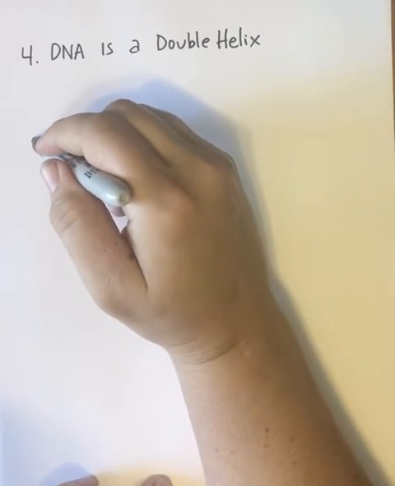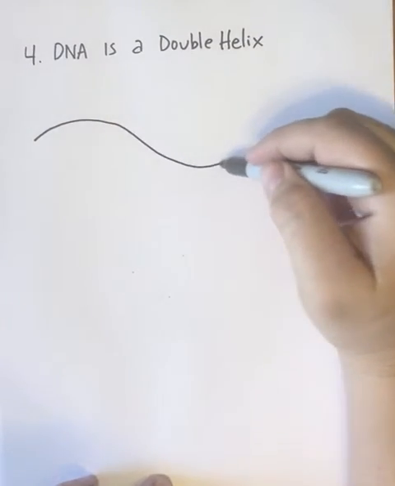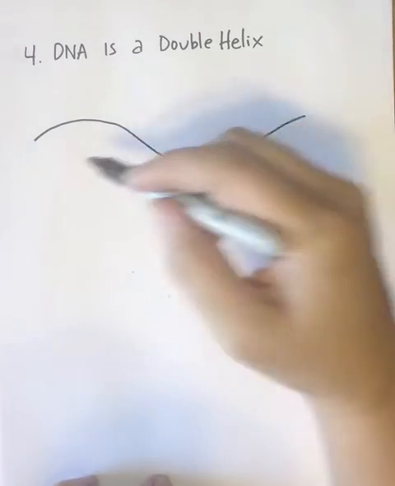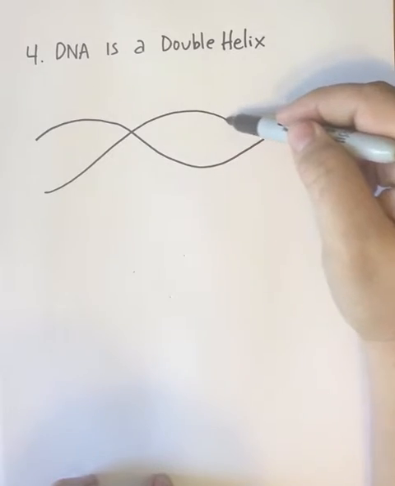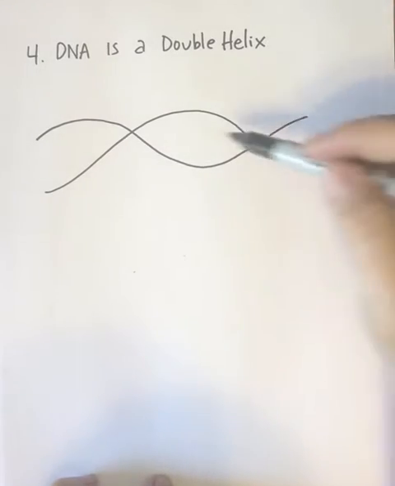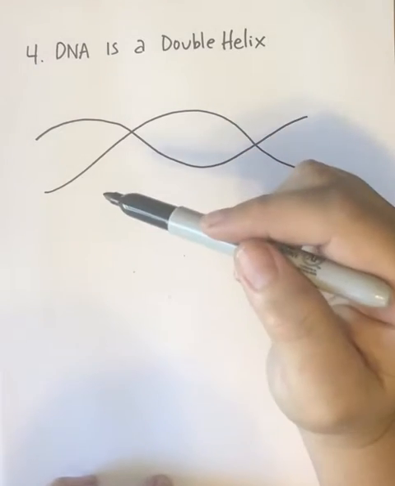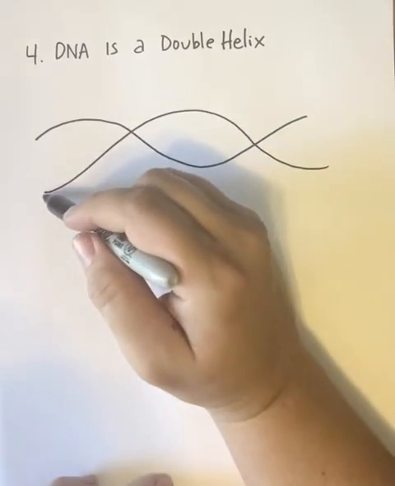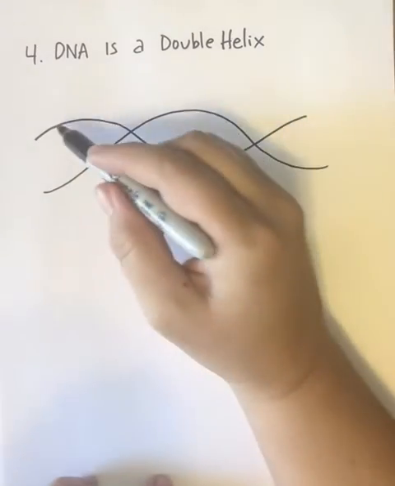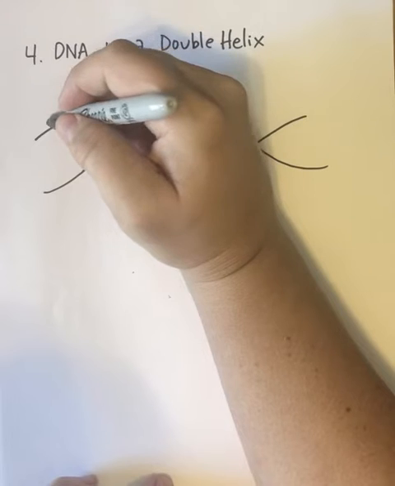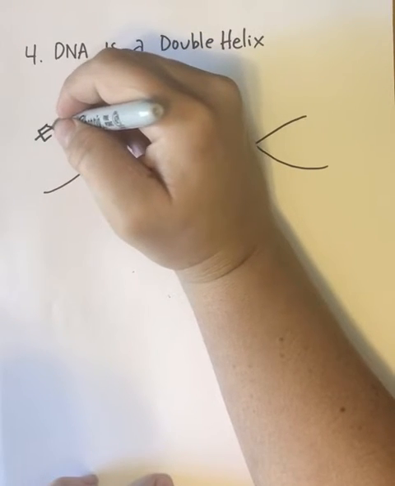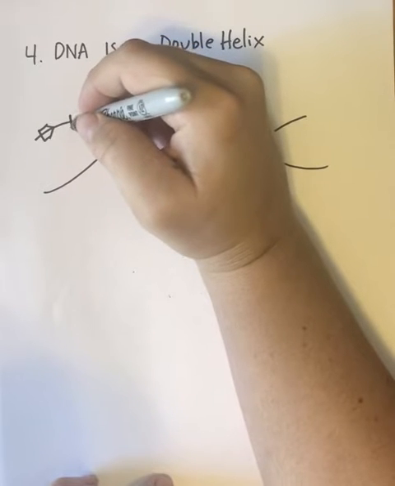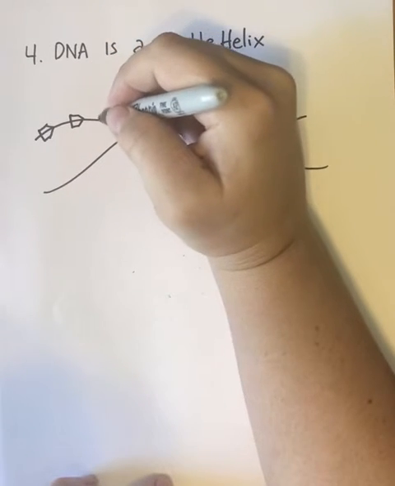So first thing is you can start by drawing two strands that kind of twist over each other. This is a double helix, but what you don't see is that this line represents the sugar and the phosphate. So the line that is here represents deoxyribose, which is in the center.